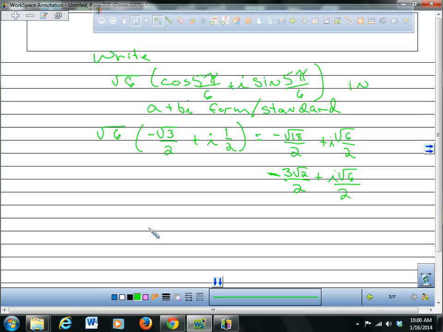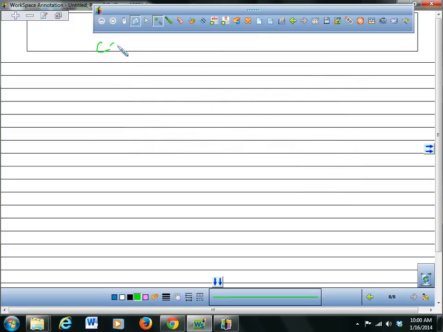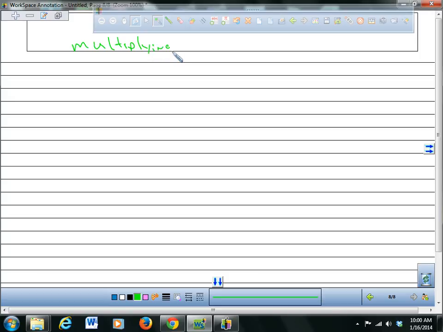It's just 2 formulas, and you won't have homework on the second part. So the next thing is they just derive these formulas, multiplying and dividing complex numbers.